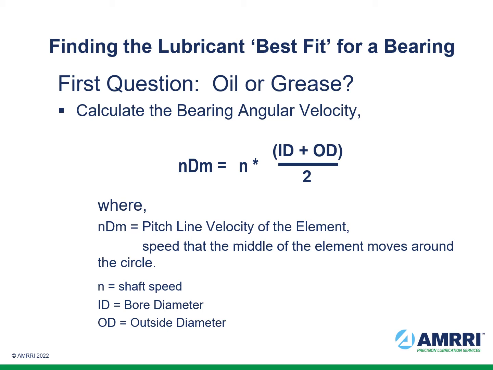DM is ID plus OD divided by 2. So we calculate this value, and it gives us an idea of what the angular velocity characteristic is for this bearing, and then from there we can compare to some standardized unit values to determine whether grease is a good fit.